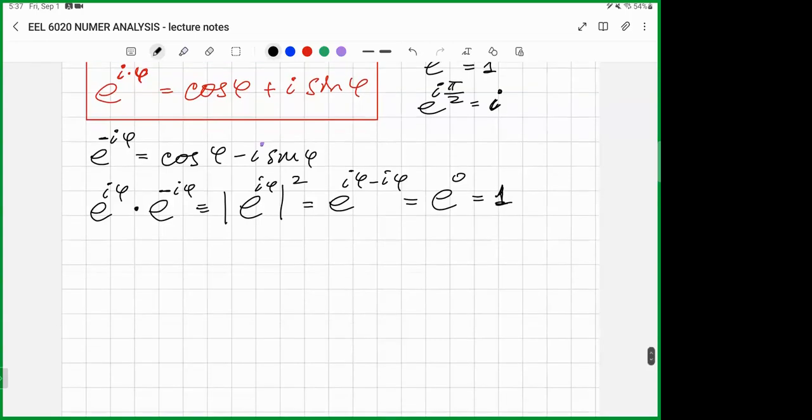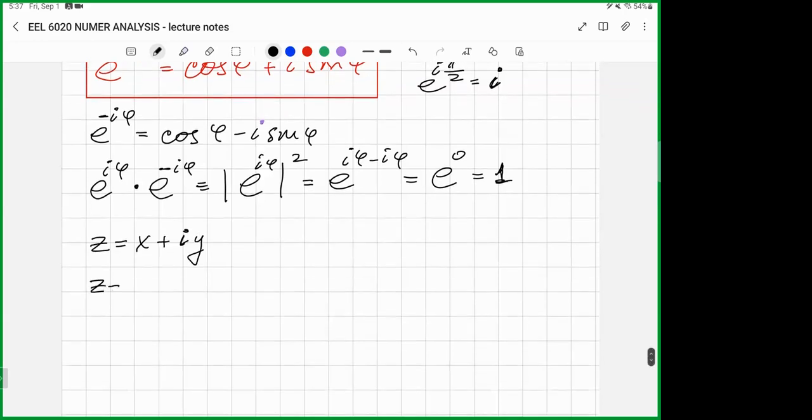So let me summarize the three versions we can use to represent a complex number. First of all, it can be the XY representation, right? The next one is the polar representation with the modulus of z times cosine phi plus I sine phi.